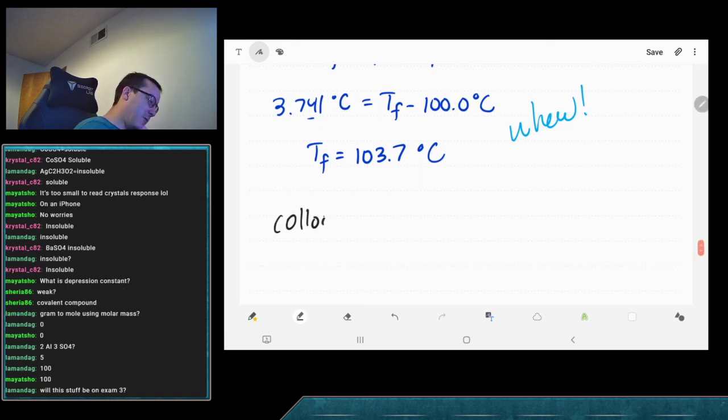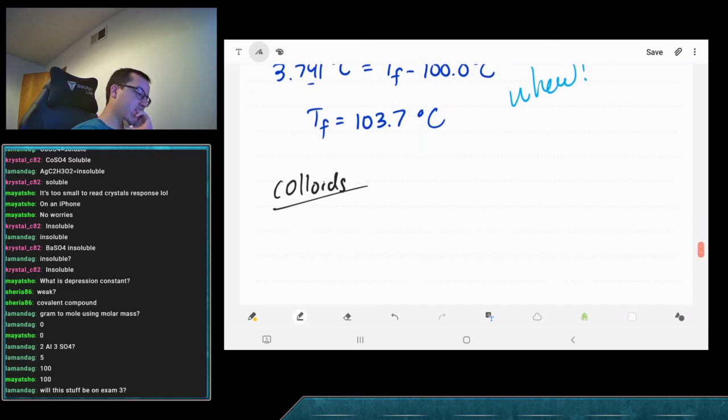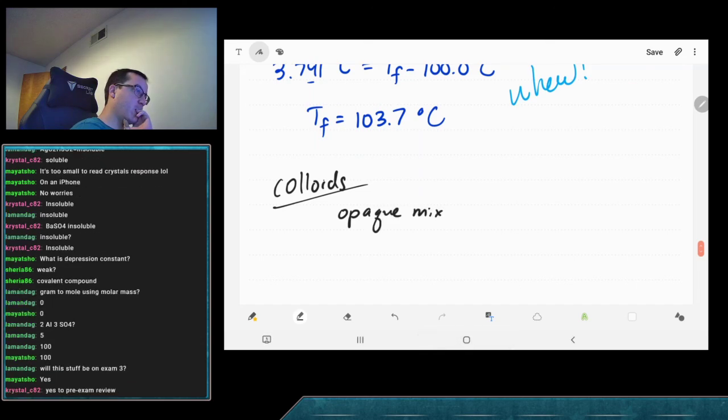The last thing I want to talk about is colloids, which is very quick. Okay, we can do that. So colloids are going to be opaque mixtures. Opaque meaning light does not go through them.